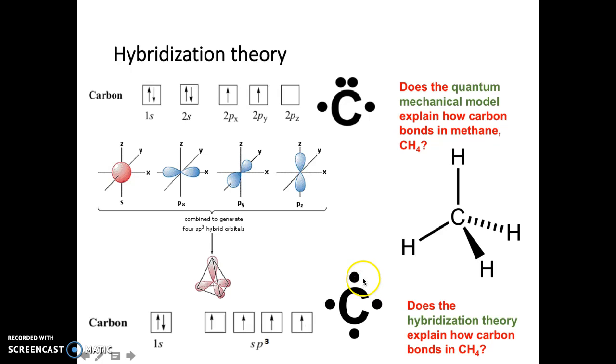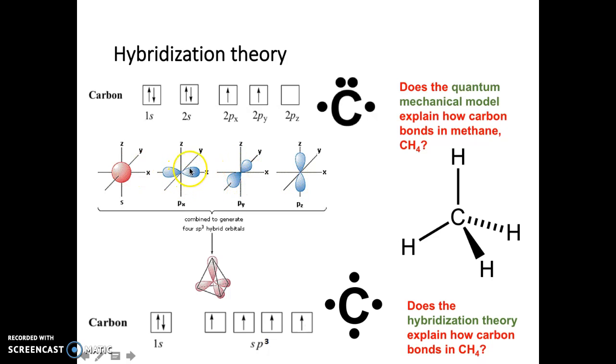So what we'll need is to hybridize orbitals to make these 4 unpaired electrons equal in energy as well, so that we know that if we break each of these carbon-hydrogen bonds, it would require the same amount of energy to break each of them. So the 4 orbitals that we'll need will require us to hybridize 1 s and 3 of the p orbitals.